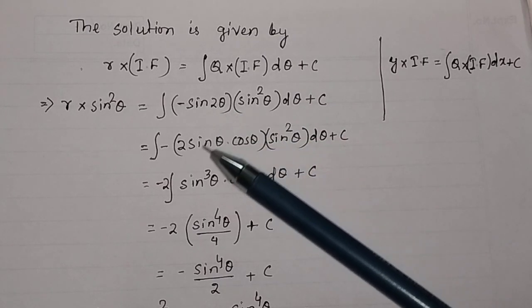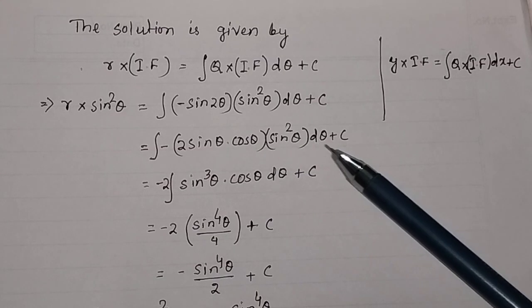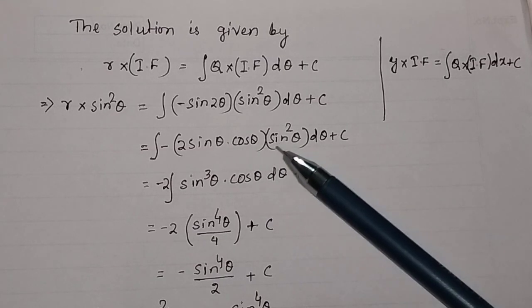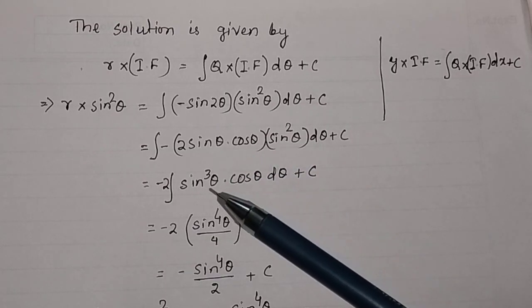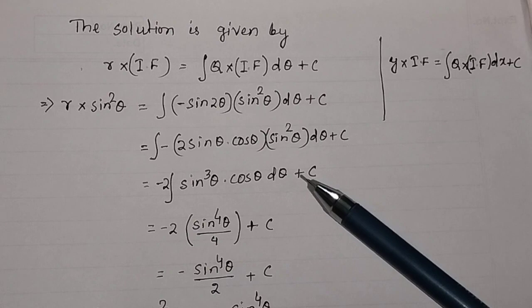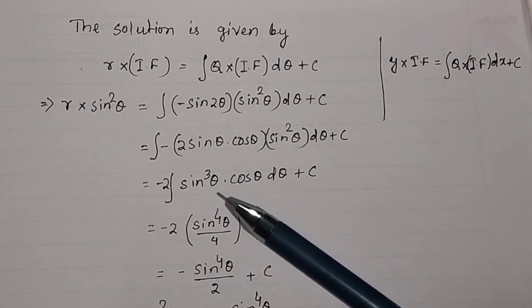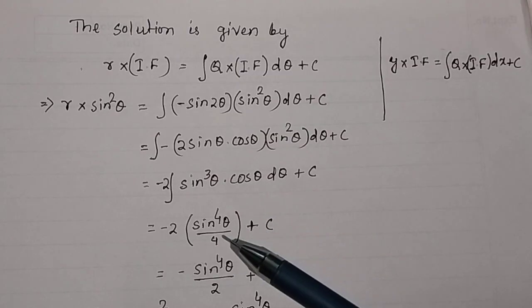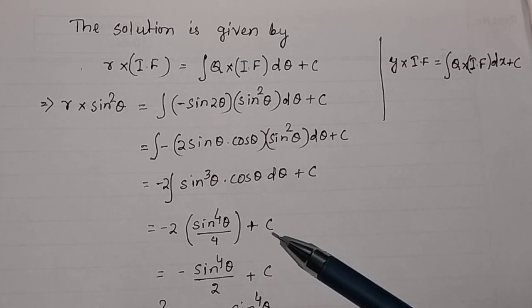So sin 2 theta is equal to 2 sin theta into cos theta, then sin square theta d theta plus c. So if you solve it, this will be equal to minus 2 into integration of sin cube theta cos theta d theta plus c. And if you find out the integration of sin cube theta cos theta d theta, this will be equal to sin 4 theta divided by 4 plus c.